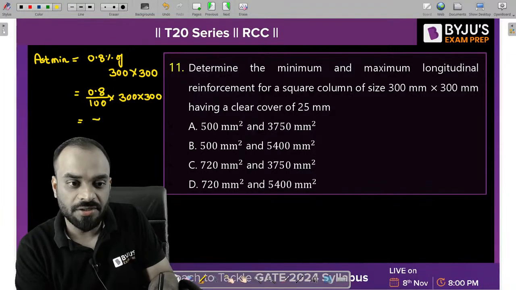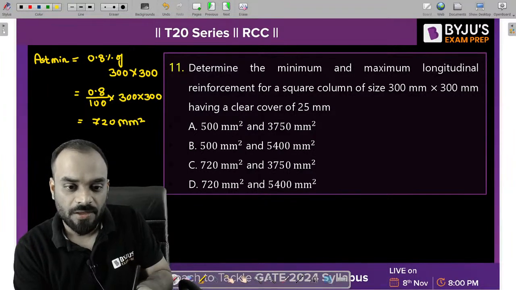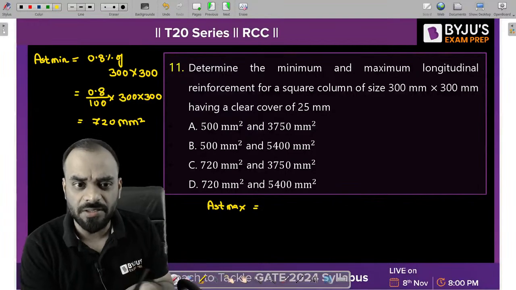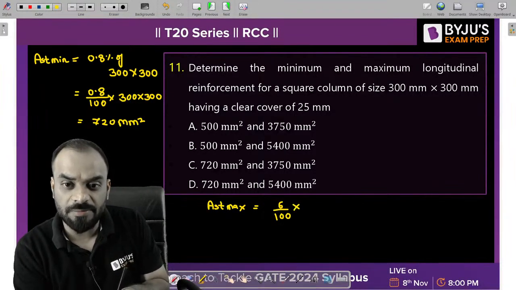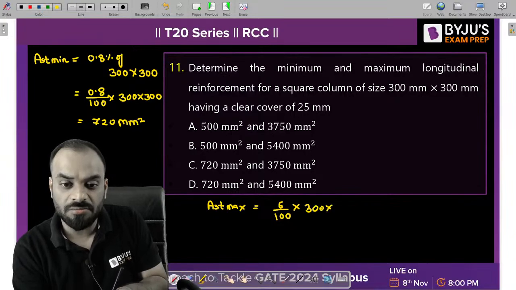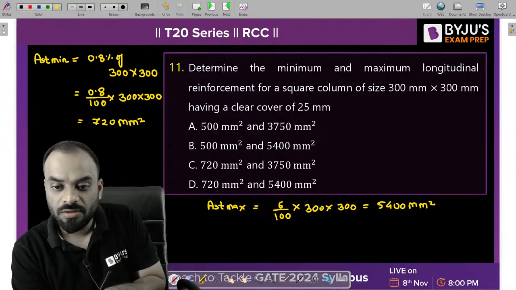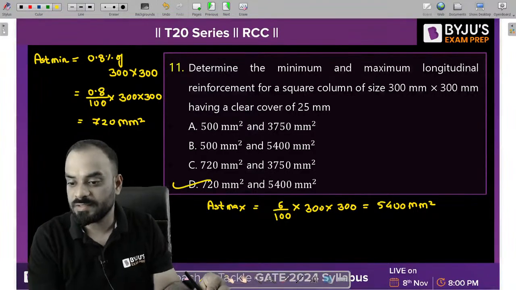If you calculate it, it is coming around 720 mm square. Now next is AST max. So AST max is equal to how much? It should be 6% of cross section area. So 6 divided by 100 multiply by 300 multiply by 300. So how much is it? 5400 mm square. And that's why, guys, D is the correct answer for the problem. Very nice, Raj.